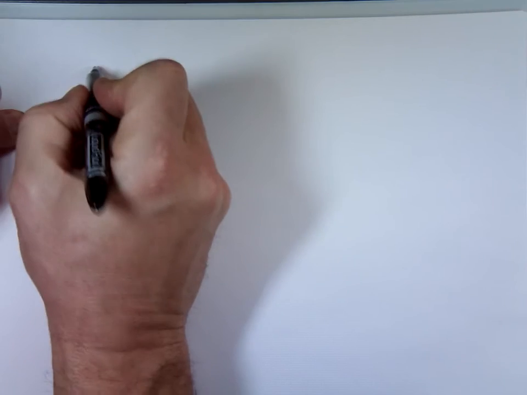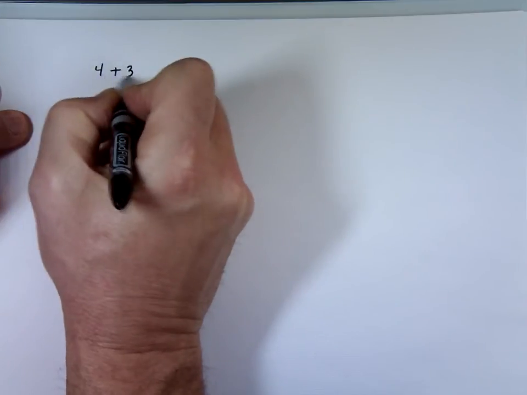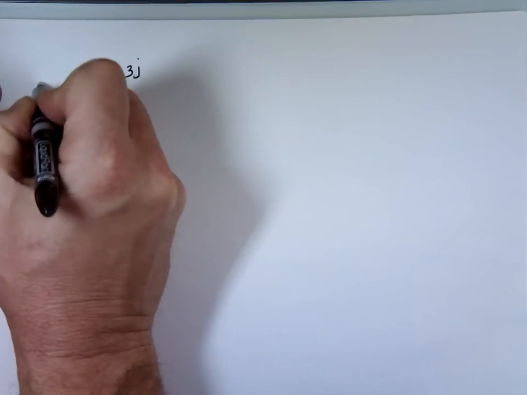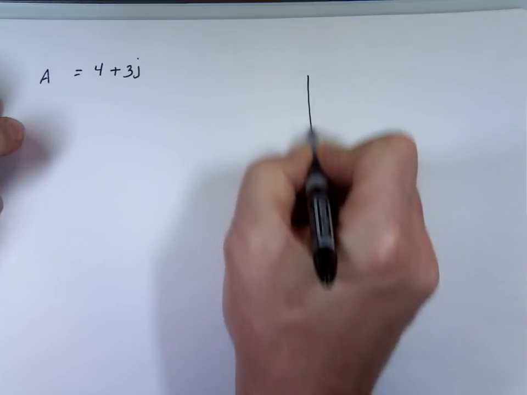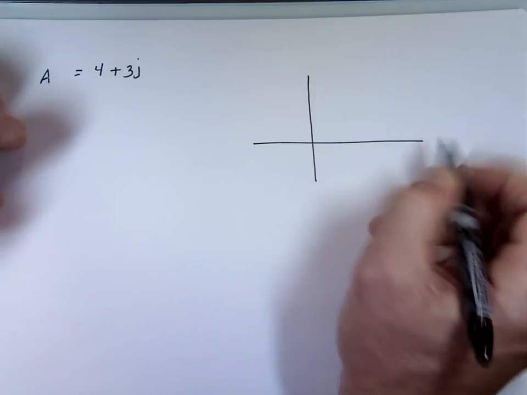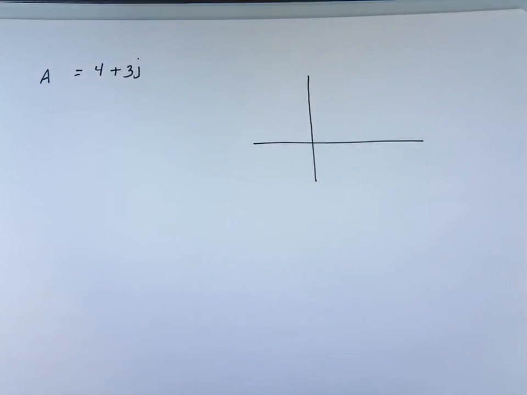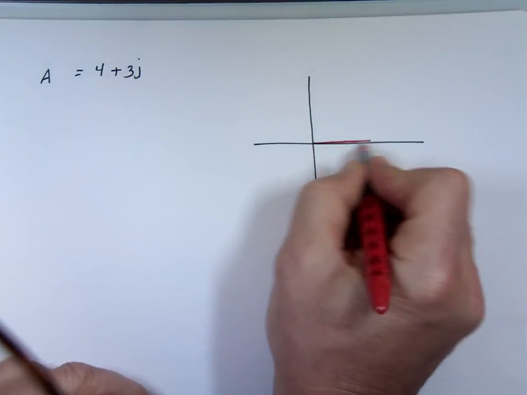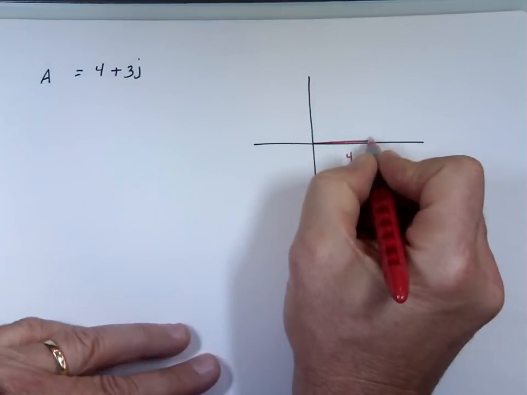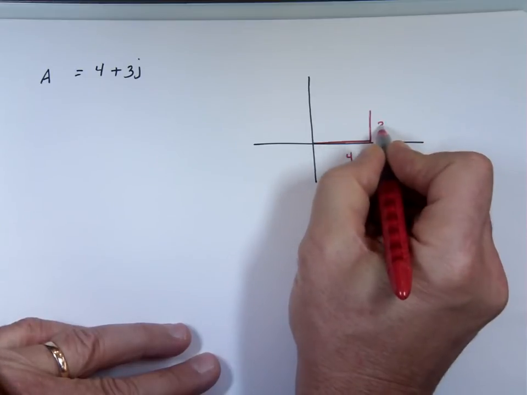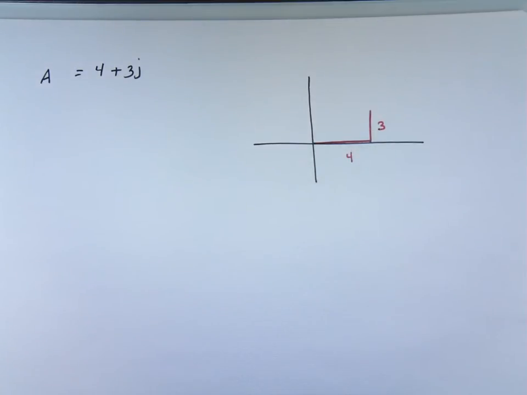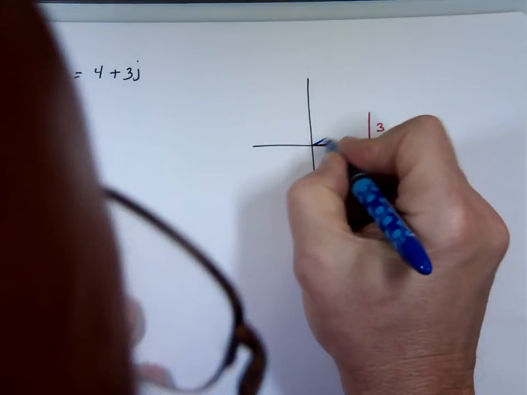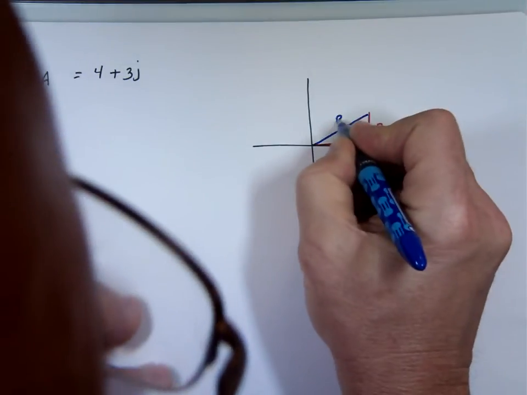If I have a vector that's 4 plus 3j and I want to change it to polar, you get 4 units in the real direction and 3 units up. What I'm looking for is this value r and this angle theta.